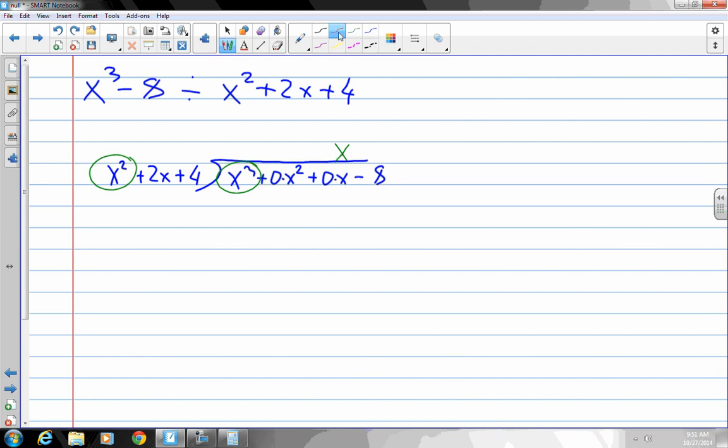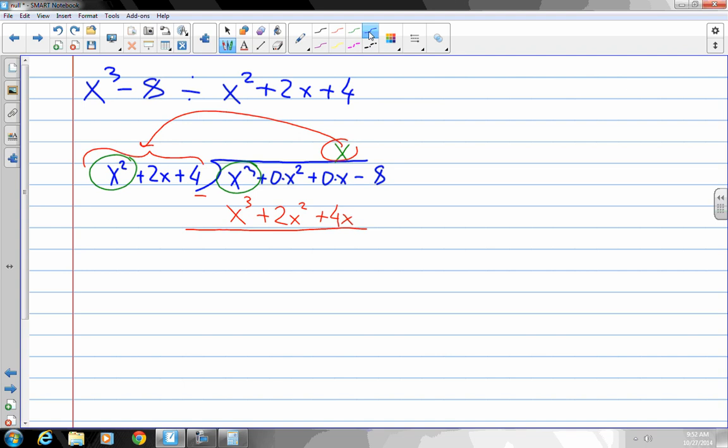Then we take that x and multiply by the divisor. This gives us x cubed plus 2x squared plus 4x. And then we'll just subtract. That makes it easy to subtract if you have those powers lined up like that.